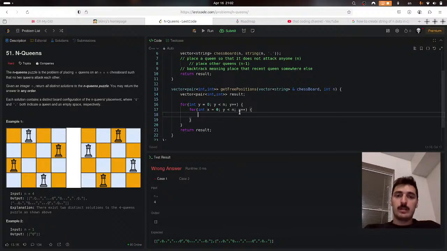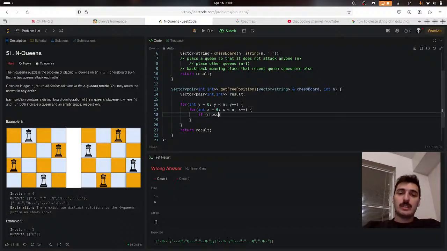All right. X is less than this. Y is less than this. So if chessboard y and x equals to this, then a result will push back.